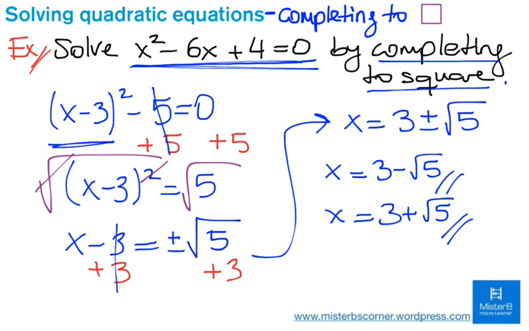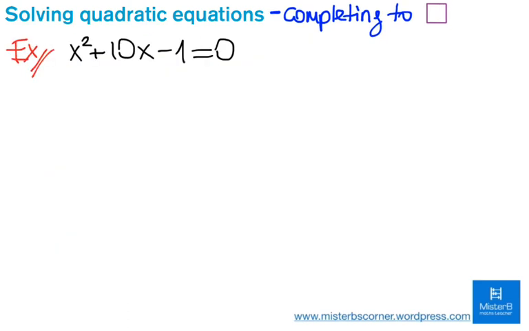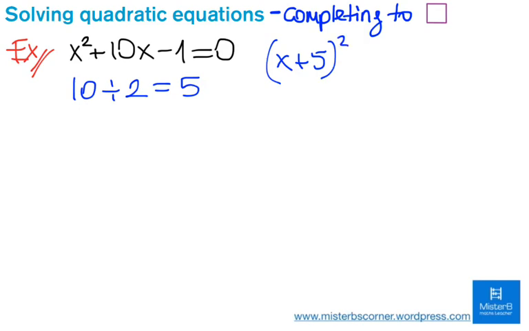Right. Another example. Now this one has x squared plus 10x minus 1 equals 0. We start with dividing 10 by 2, so it's going to be 5. And I will, of course, consider x plus 5 squared. This will be x squared plus 10x plus 25.